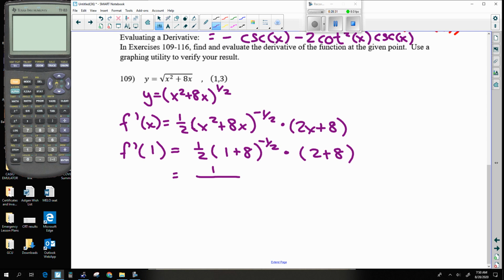So this is 1 over 2, and this is the square root of 9, times 10. So this is 10/6, which is 5/3.